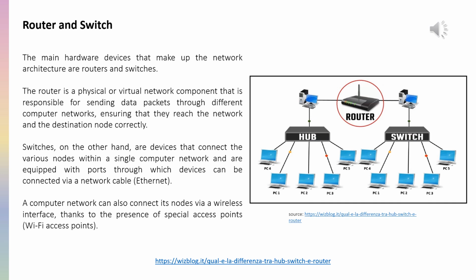Switches, on the other hand, are devices that connect the various nodes within a single computer network and are equipped with ports through which devices can be connected via network cable, Ethernet. A computer network can also connect its nodes via a wireless interface, thanks to the presence of special access points, Wi-Fi access points.